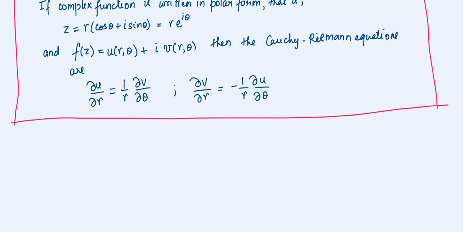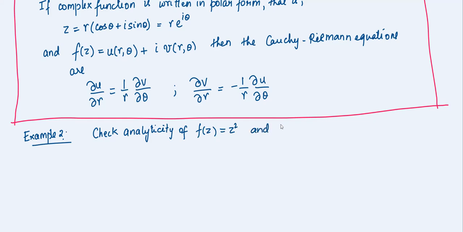Now, second example. Check analyticity of f of z is equal to z square and find df by dz.